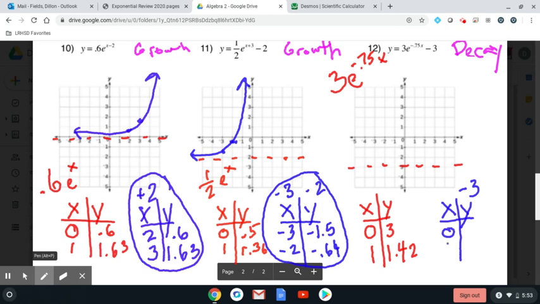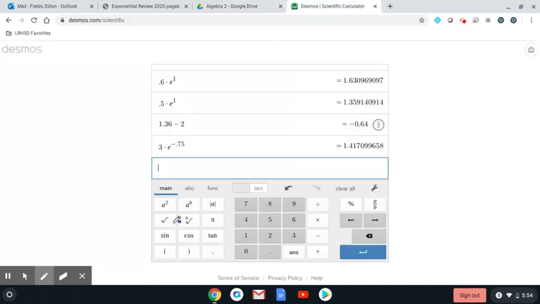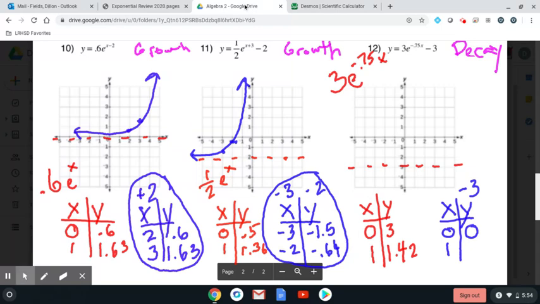So my X values of 0 and 1 are going to stay, but my Y values are now going to become a 0. And then with a little bit of work on our calculator, 1.42 minus 3, we end up getting negative 1.58. So then my other Y value would be negative 1.58.